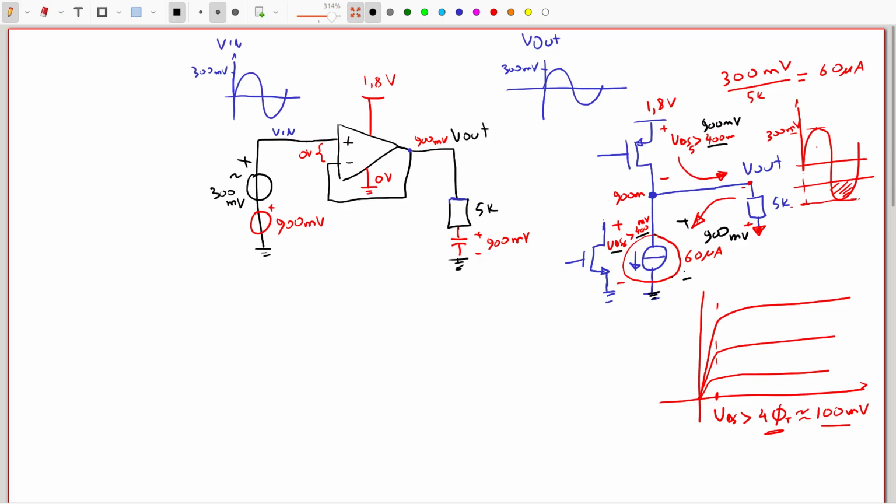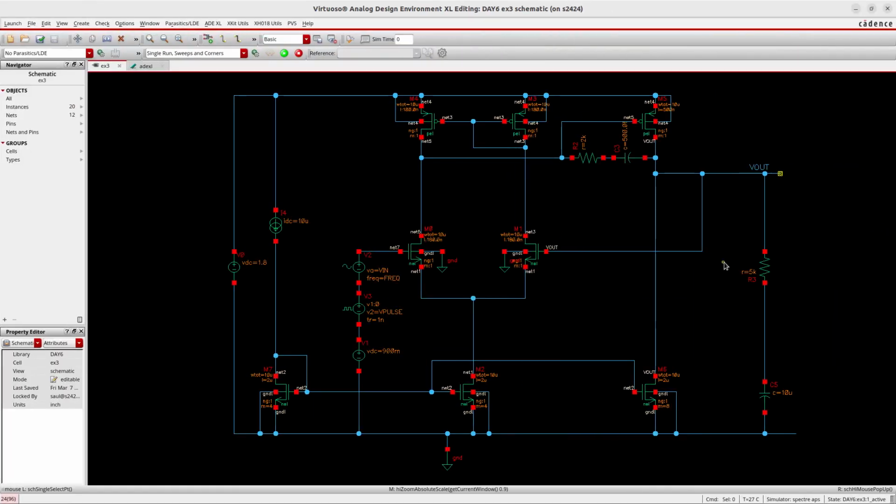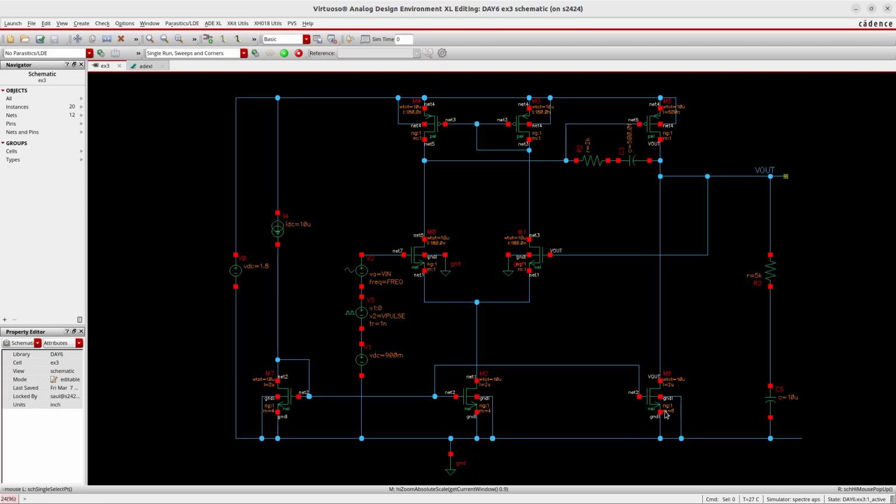Okay, so let's have a test to see what happens if I don't have enough current. So we go to our Cadence, and in this particular case, we have 10 microamps, multiplier 4, it means that I have 10 microamps also here in the differential pair, and then I have a multiplier of 8, that means that I will have 20 microamps here.